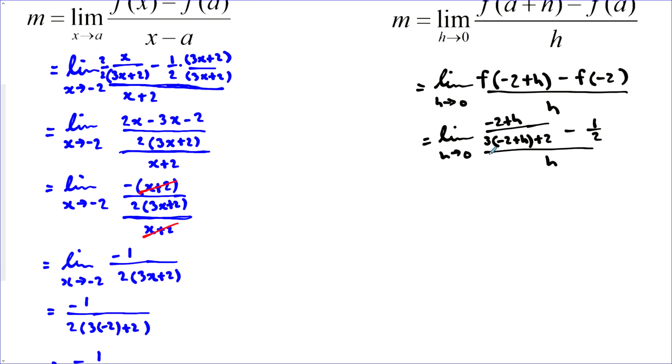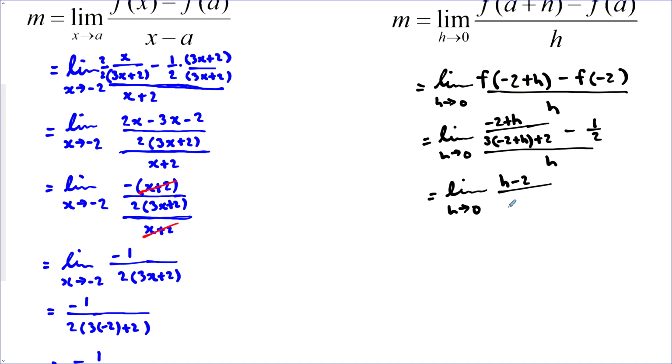Now, let's multiply this again before we go any farther. The limit as h approaches 0. I'm going to switch this around just because I like to lead with a positive term here. So h minus 2 instead of negative 2 plus h. And this one here, negative 6, 3h.